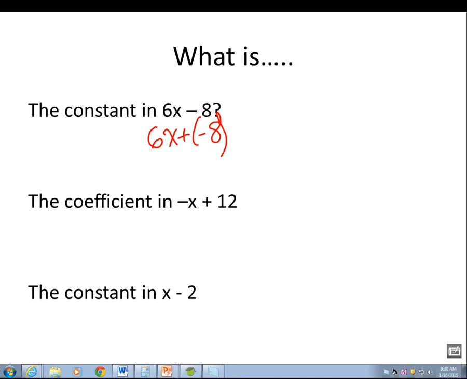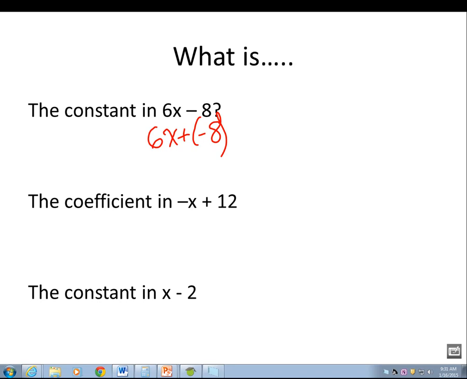All right, the coefficient in negative x plus 12, what is the coefficient? This one's kind of tough, Emily. What you got? Nope. Not 1. Bradley? Negative, no. Not negative x. Mandrew? Nope. That is something else. Who haven't I heard from today? Nope. That is the variable. Tommy? No. Ah! Lexi, what do you think?